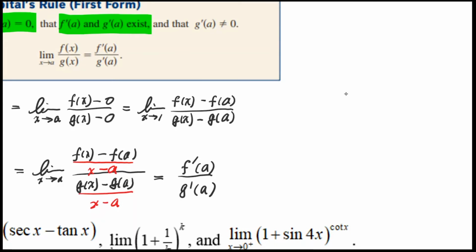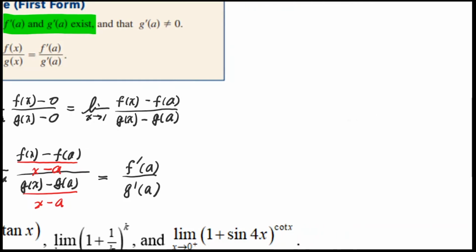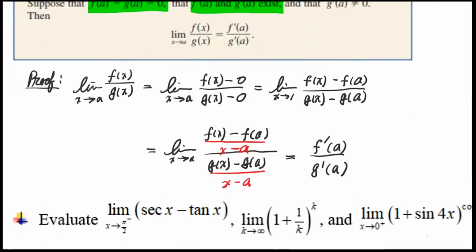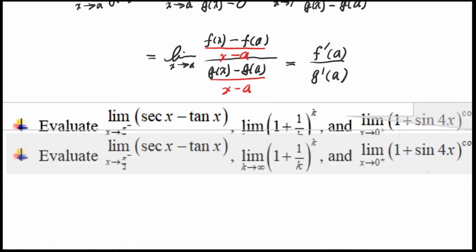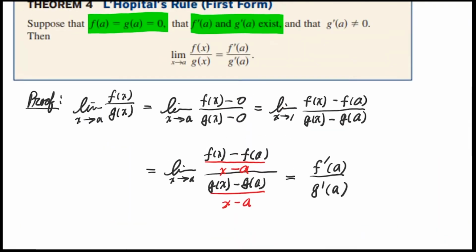It's a little stupid, but I'm going to take this kind of example. Your book has this kind of example, so I'm going to make it part of the notes.